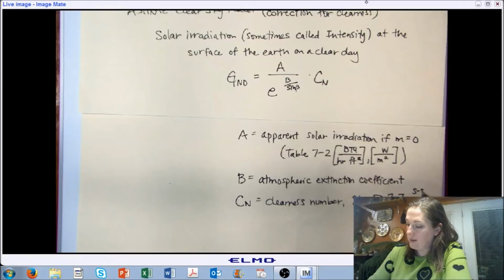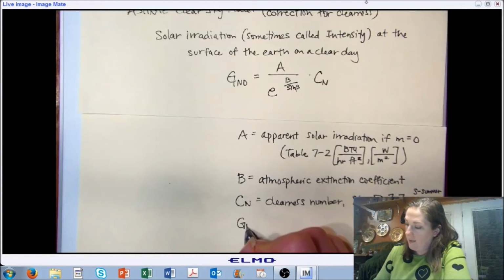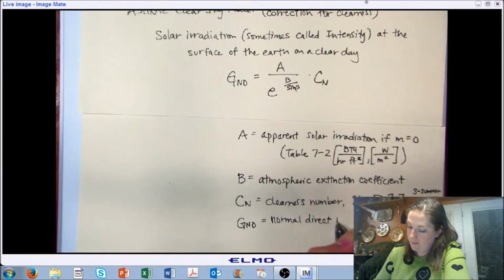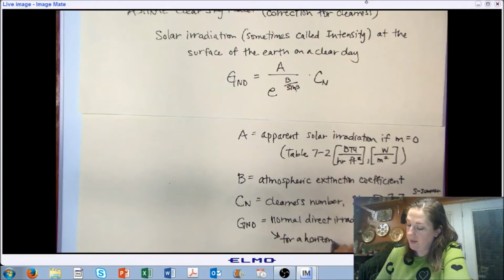And in that figure, S stands for summer, W stands for winter. That, while it seems intuitive now that I've told you, isn't entirely clear from the figure itself. And then the value that we're solving for is the direct normal radiation, or normal direct irradiation for a horizontal surface. So that's the important part I want to reiterate here.